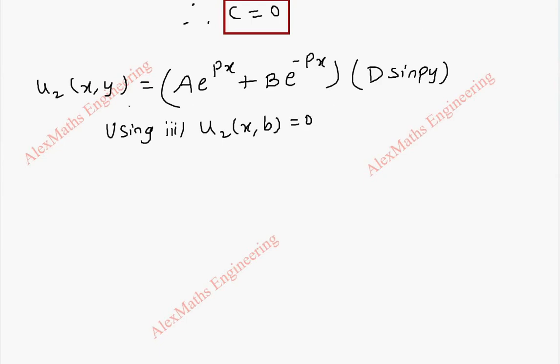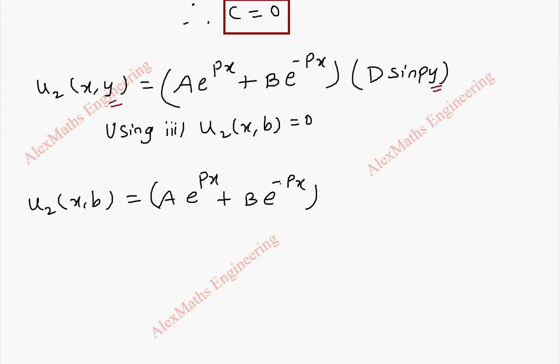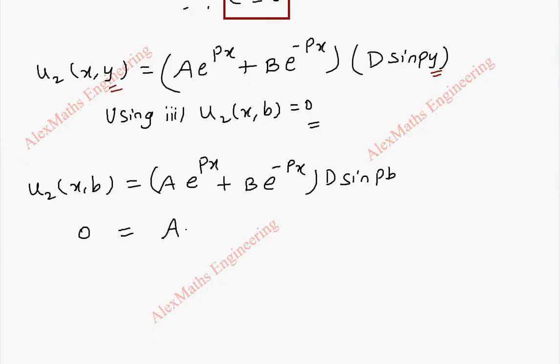So wherever y is present, we have to use b. So u2 of x comma b becomes (a e^(px) plus b e^(-px)) into d sin pb, and this is 0. So we take 0 equal to (a e^(px) plus b e^(-px)) into d sin pb.